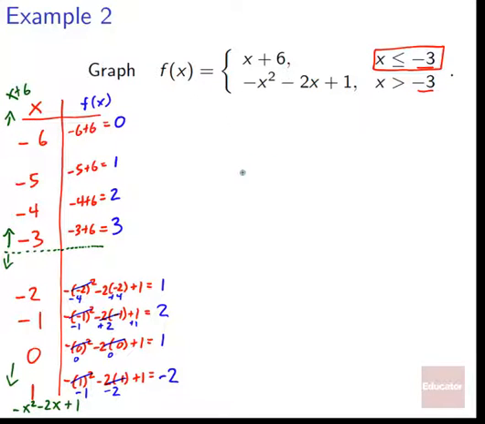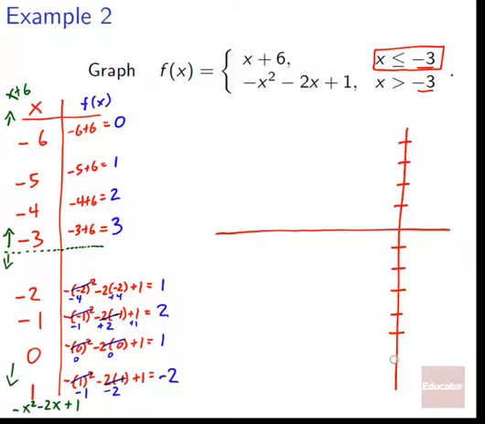So we're graphing from negative 6 to 1. And our extreme y values are from 0, 1, 2, 3. So we'll make 1, 2, 3, 4, negative 1, negative 2, negative 3, negative 4, negative 5. That's probably enough information down there.